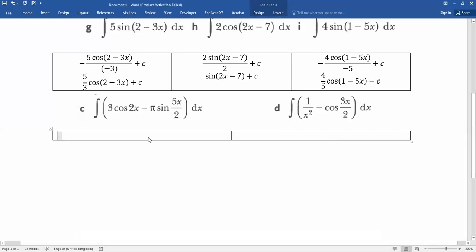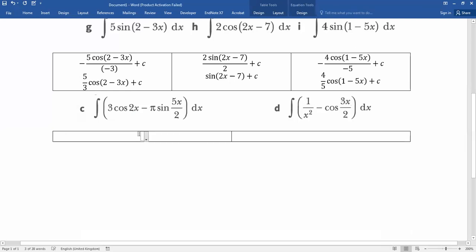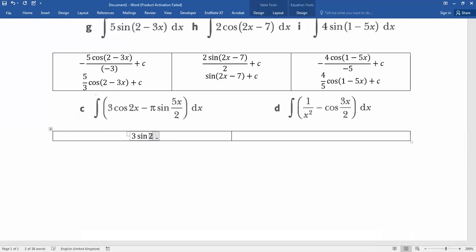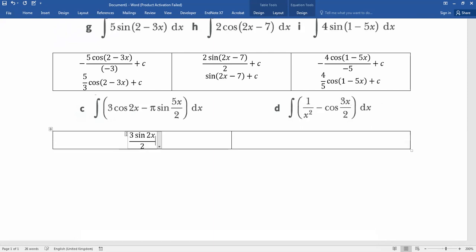Do not be worried about that. So the integral of cos is sine 2x and then divided by the derivative of that. Minus pi, sine, it is negative cos of the angle, which is 5x upon 2, and then divided by the derivative of the angle which is 5 upon 2, plus c.